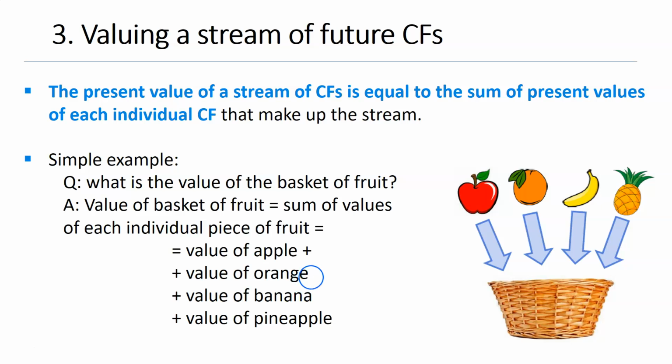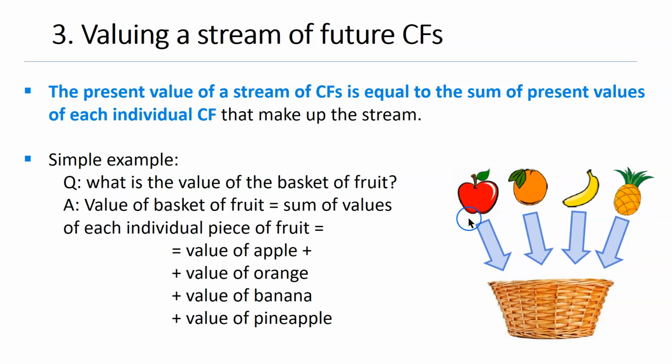As I said, the present value of a stream of cash flows is simply equal to the sum of present values of each individual cash flow. Let's imagine that we are talking about a basket of fruit. The value of this basket of fruit, which contains 4 fruits, is equal to the values of each individual fruit.